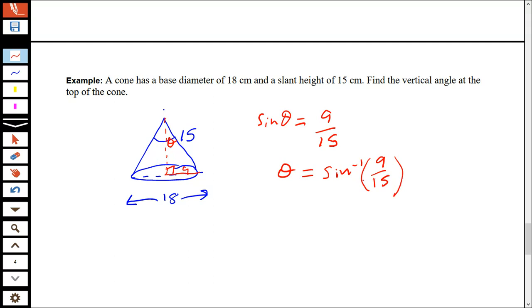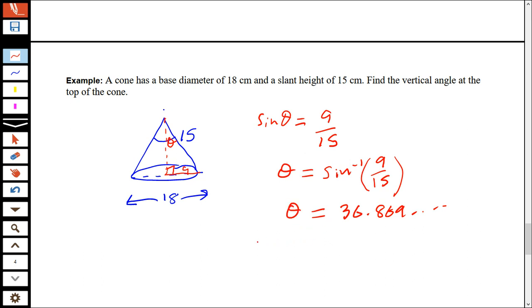So let's work that out. So shift sine 9 on 15. It's going to give you 36.869.